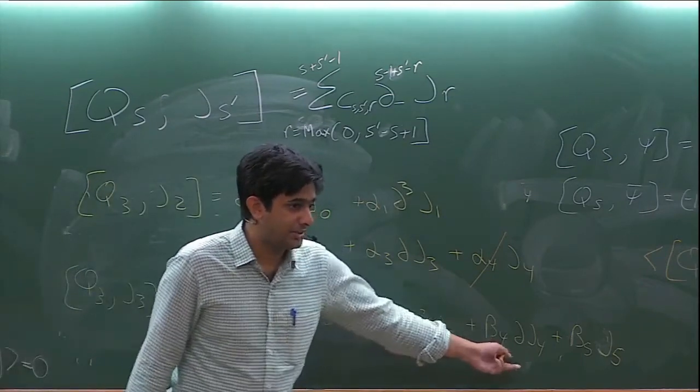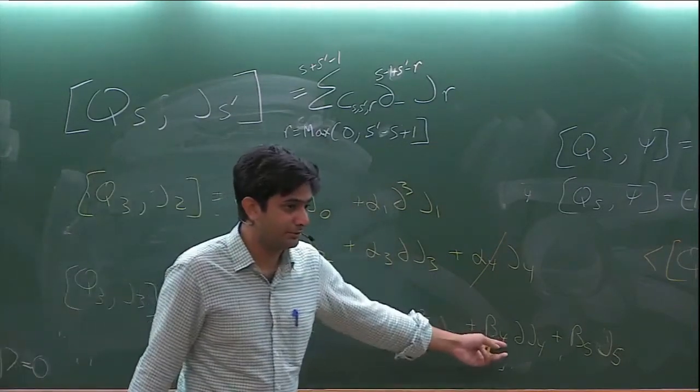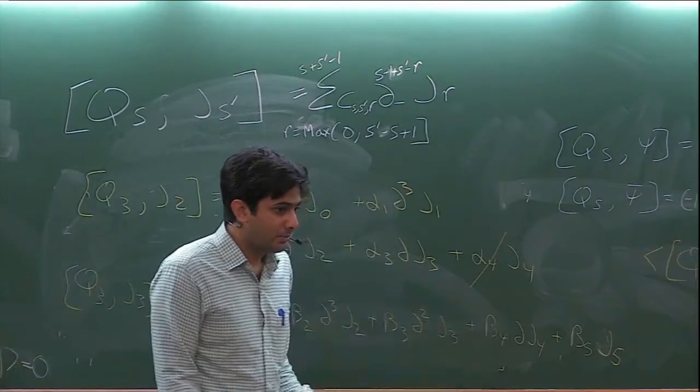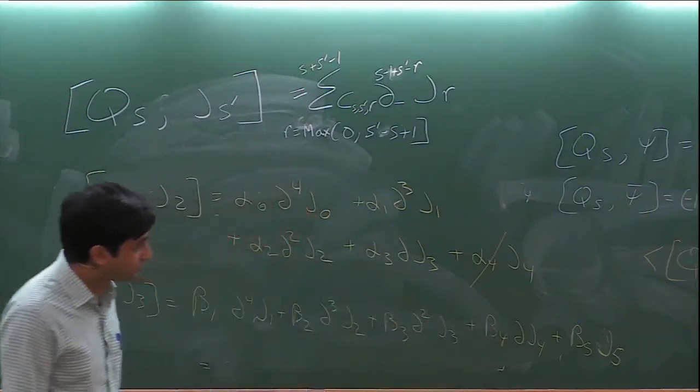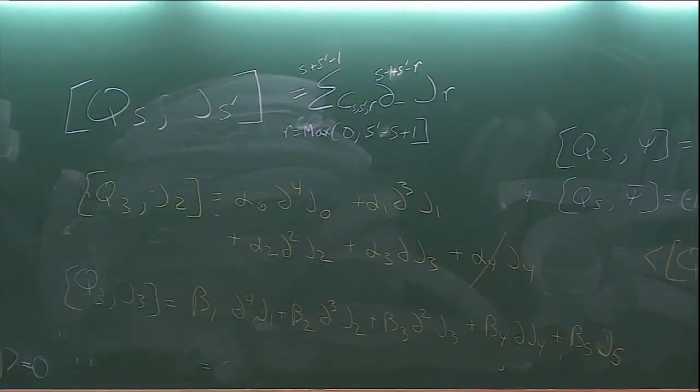So that implies that if you have a conserved spin 3 current, you have to have the conserved spin 4 current.